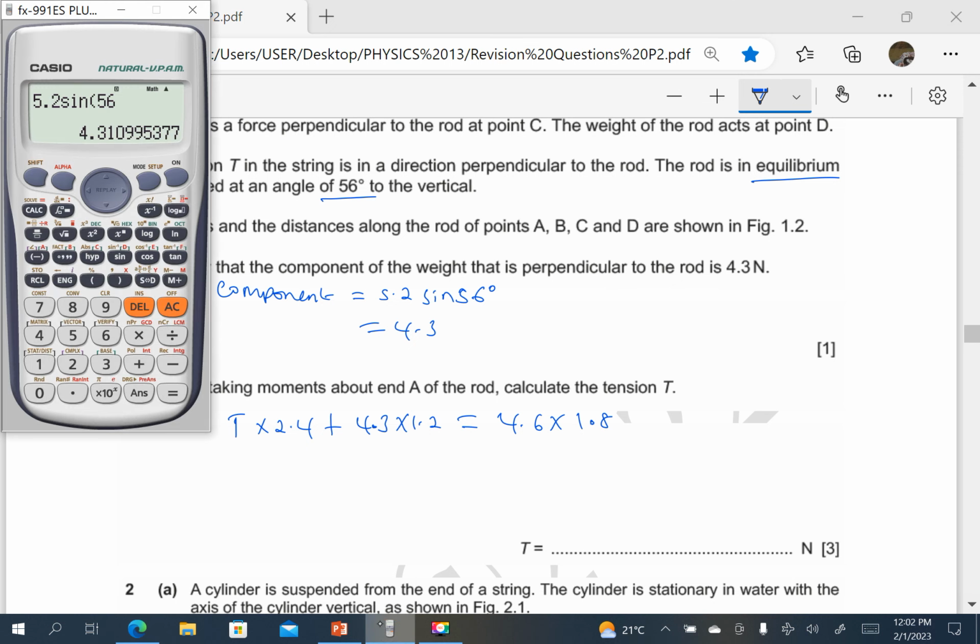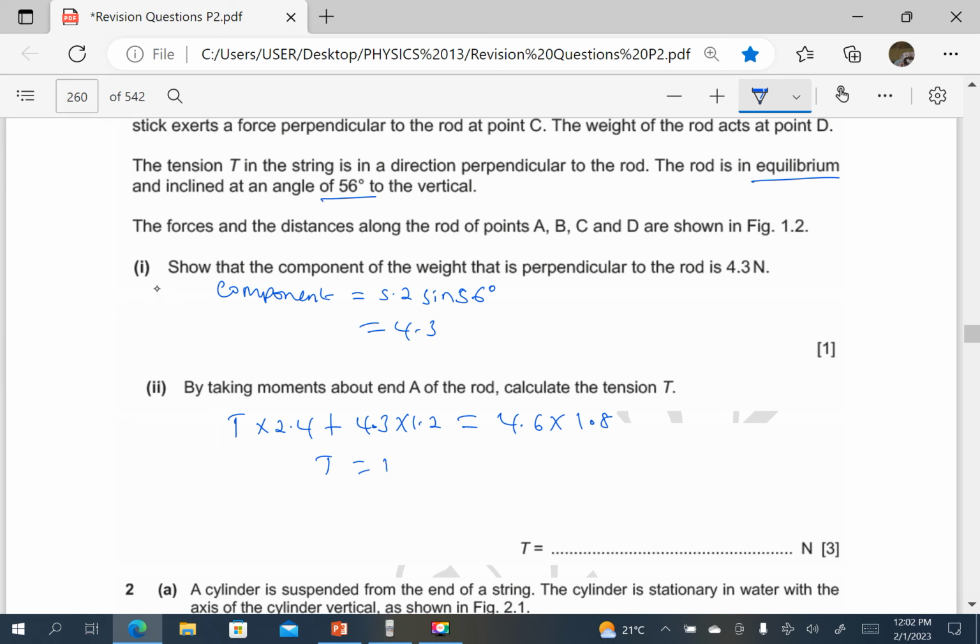So we just find T, that is 4.6 times 1.8 minus, open brackets, 4.3 times 1.2, divided by 2.4. So we notice that the tension T is going to be 1.3.